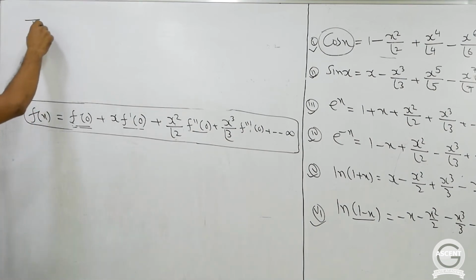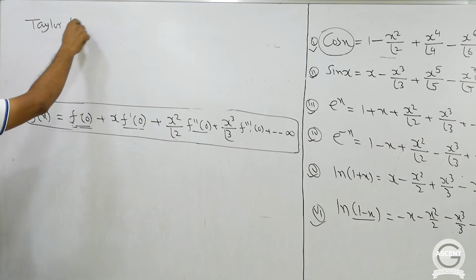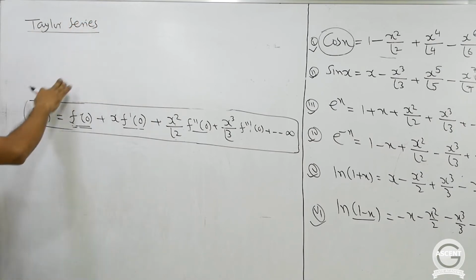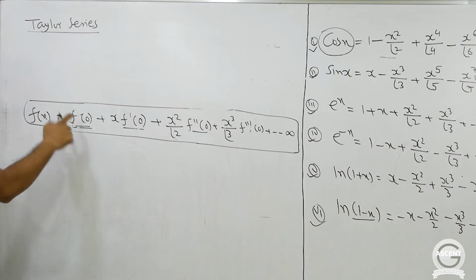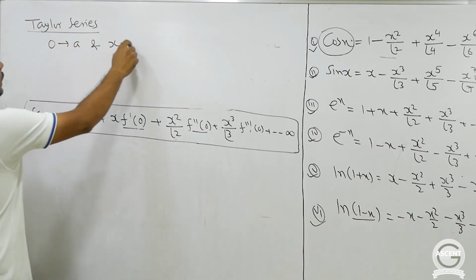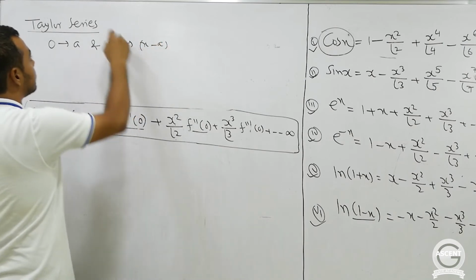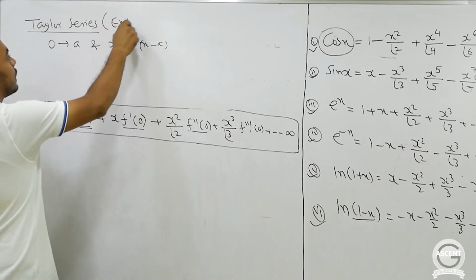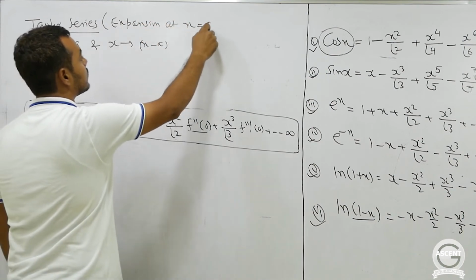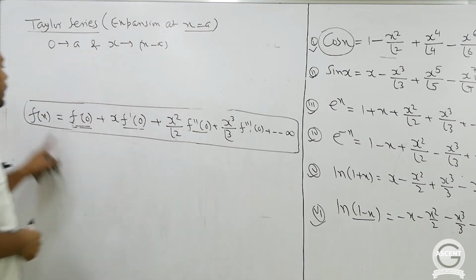So now the formula for Taylor series will be, we have to replace 0 by a and x by x minus a. This Taylor series is used for expansion at x equals to a. Okay, this formula was used for expansion at origin.